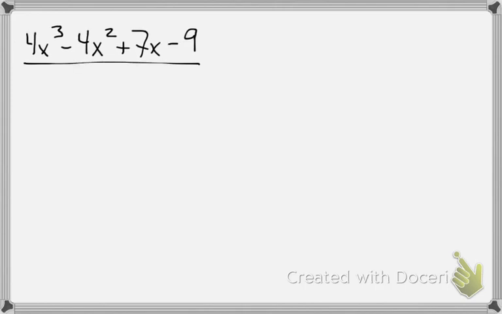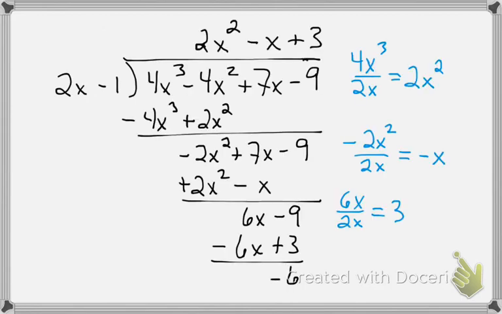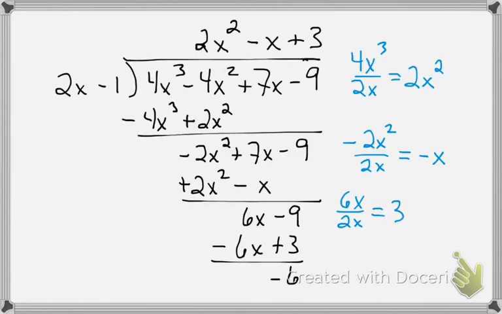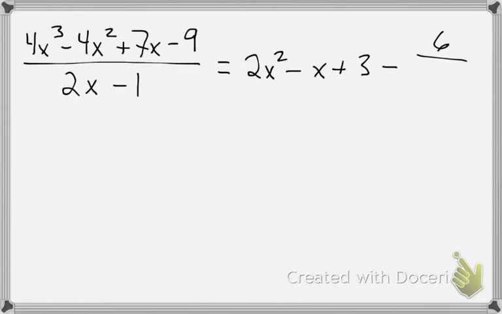I love copy paste. So if I have 4x cubed minus 4x squared plus 7x minus 9 divided by 2x minus 1, what is the answer to that division? 2x squared minus x plus 3. Minus 6 over 2x minus 1.